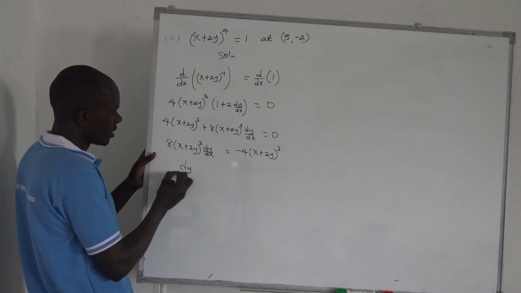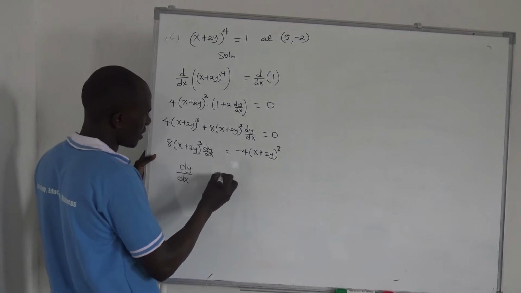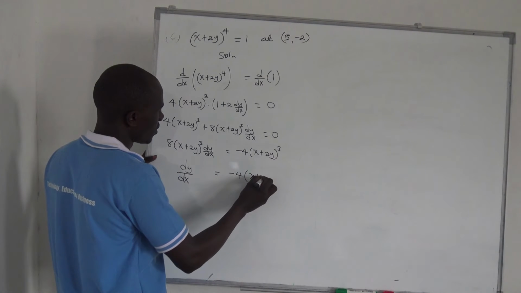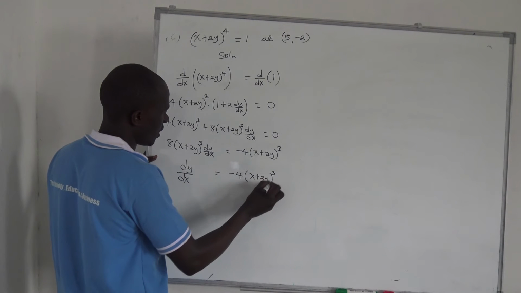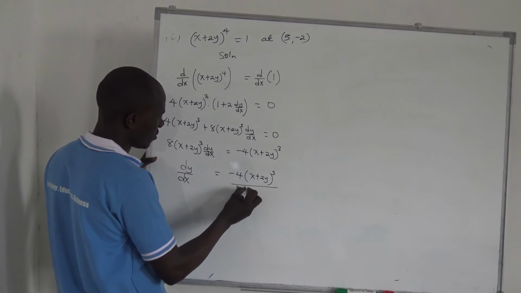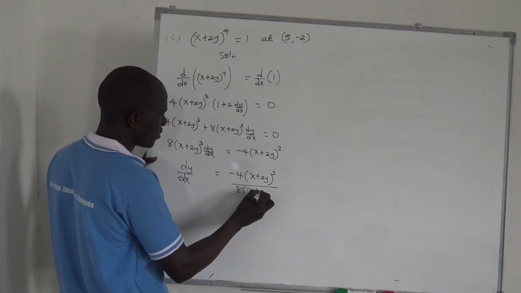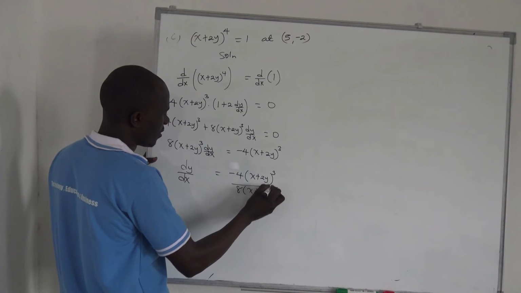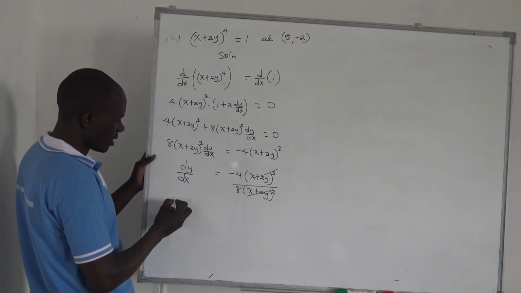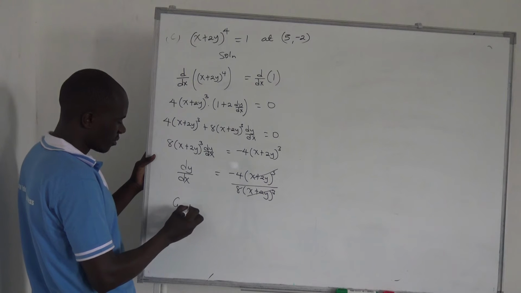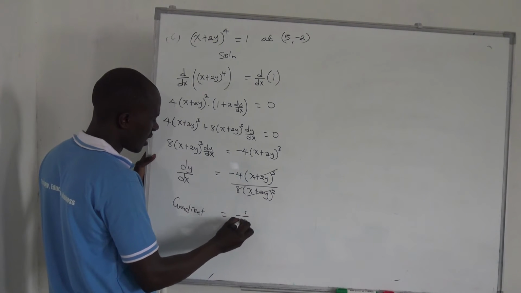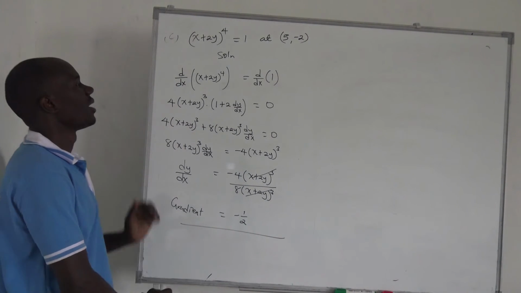What is the dy/dx? dy/dx becomes -4(x + 2y)^3 all over 8(x + 2y)^3. This and this reduces. So what is our gradient now? Gradient equals -half. That's what we are getting.